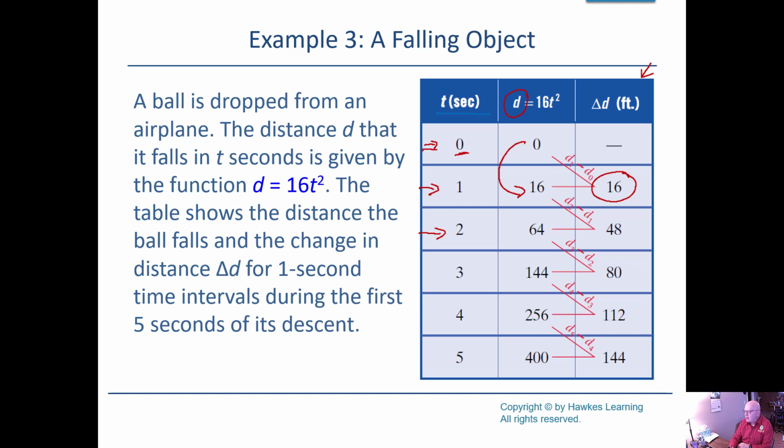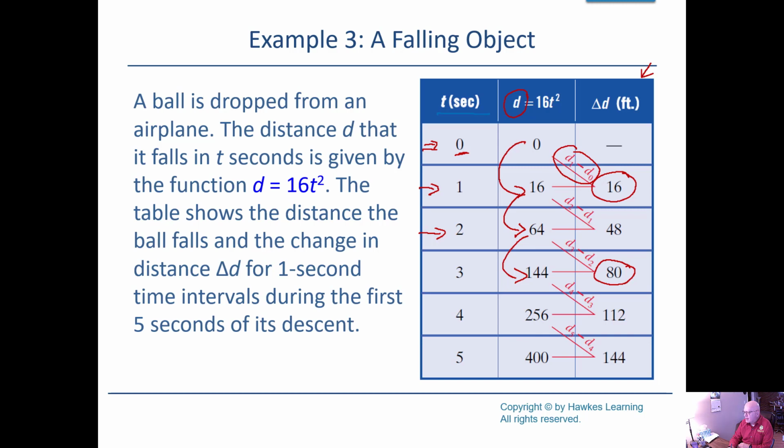The next time, going from 1 second to 2 seconds, how far has it gone during that time interval? It's gone 48 feet. In going from 2 seconds to 3 seconds, it's gone 80 feet, which is the difference between these two. We're subtracting them all the way. At 4 seconds, it's gone 256 feet.